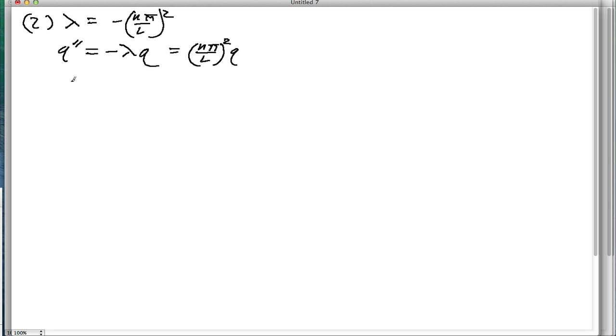So we just went through this. It would imply then that Q of Y is going to be equal to C1 cosh n pi over L of Y plus C2 sinh n pi over L Y.